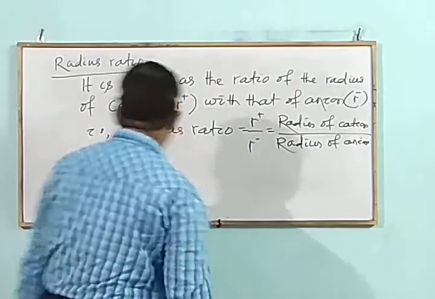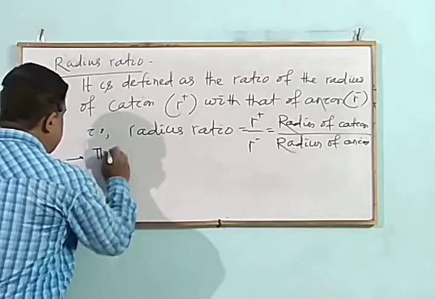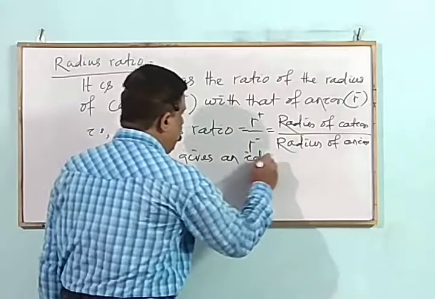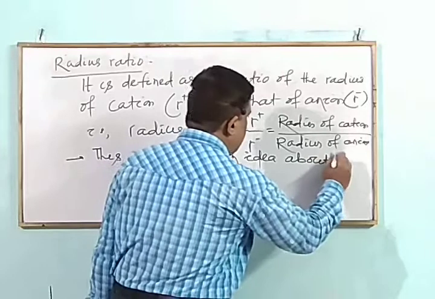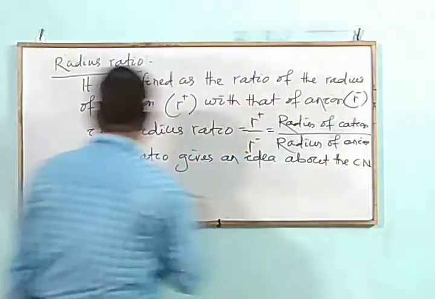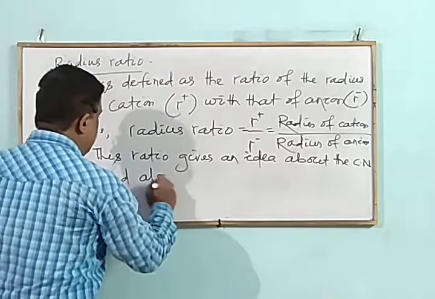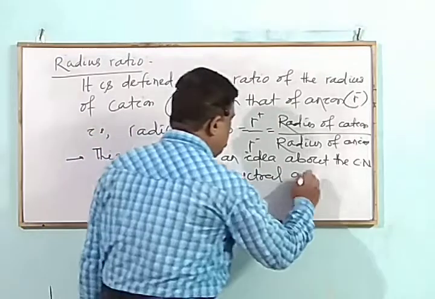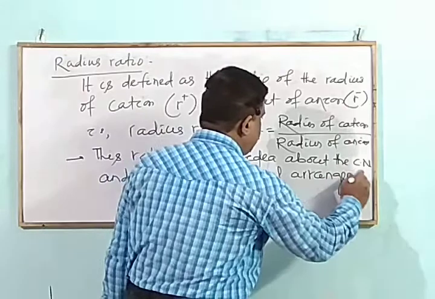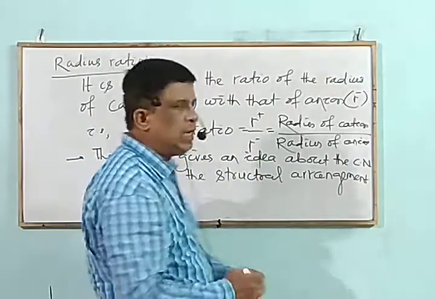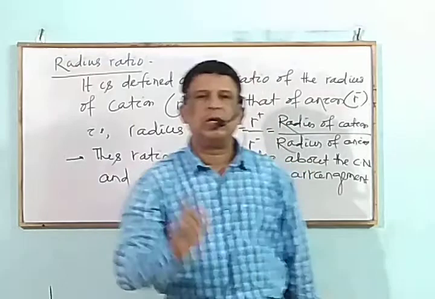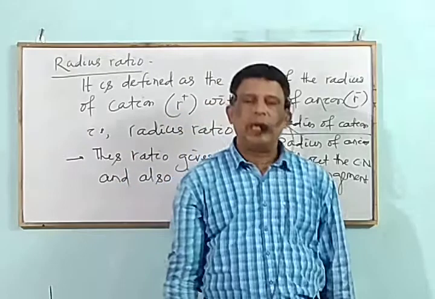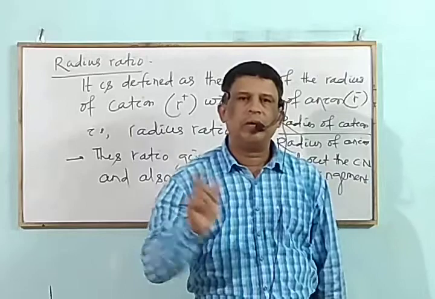This ratio gives, next point, an idea about the coordination number and also the structural arrangement. The most important thing is that, I repeat again, since in case of ionic solid, the radius of the cation is always smaller than that of the anion, so radius ratio is always less than 1.